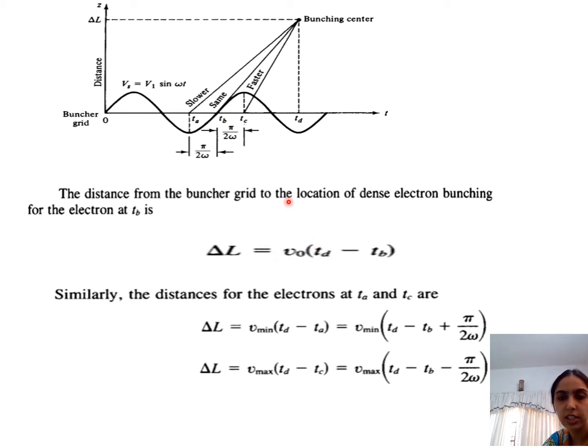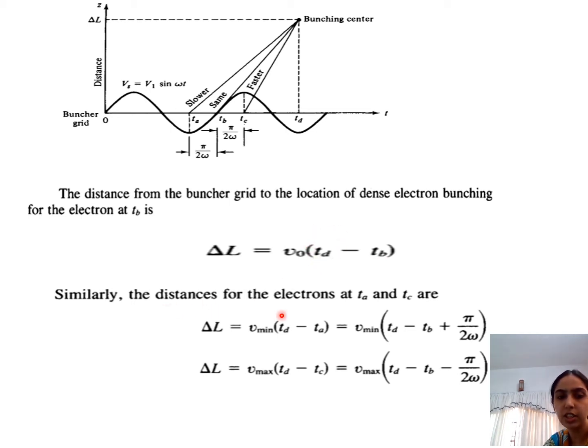V0 is the unchanged velocity of those electrons which pass when the signal voltage in the gap is zero, so there is no change in their velocity. For that electron, the distance from the buncher grid to the bunching center is ΔL = V0 (Td - Tb), where Td is the time at which bunching takes place.